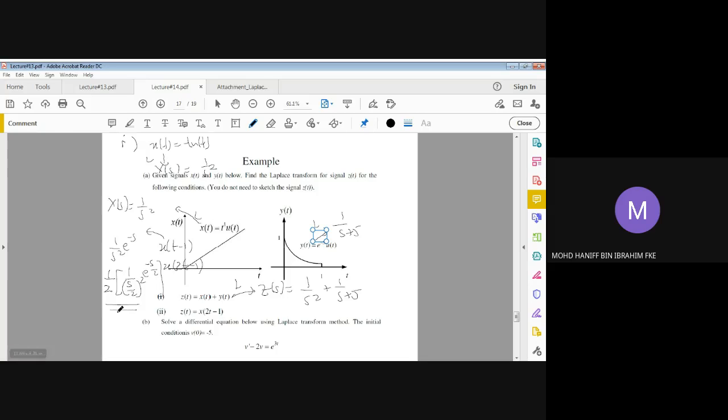We can simply rewrite it to be 2 over s squared times exponential negative s over 2. So that should be the Laplace transformation for the second zt, which is the xt that experiences a scaling of time and also a shifting of time.